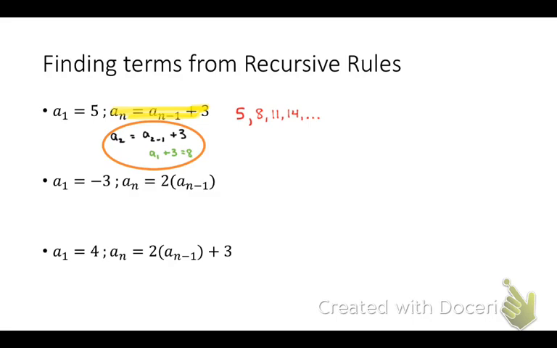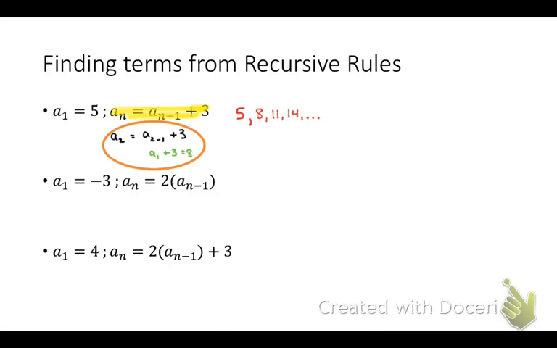How would we write the explicit rule? We'll do that later. So that's how we write the recursive rule, basically saying you're going to look at the previous term of whatever I'm on. If I'm looking at the second term, the third term, fourth term, for me to know the 10th term, I need to know what the previous 9 were. Does that make sense?